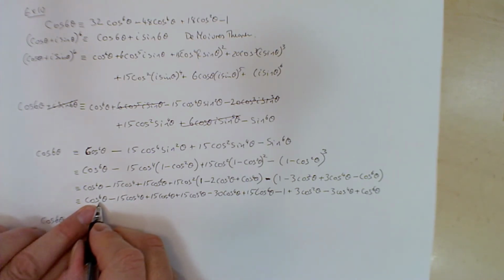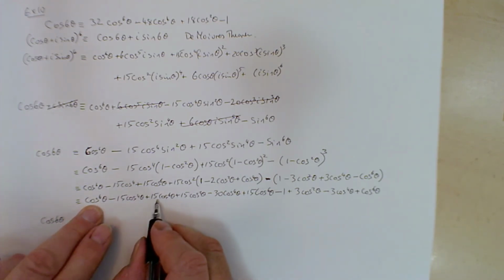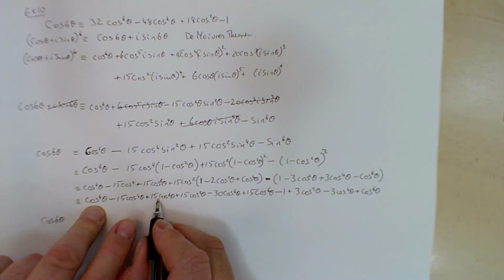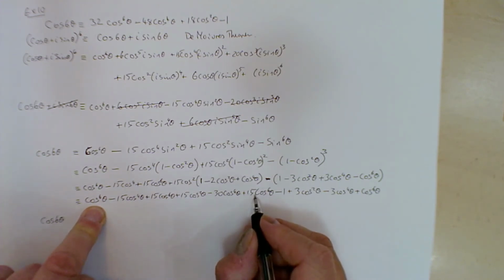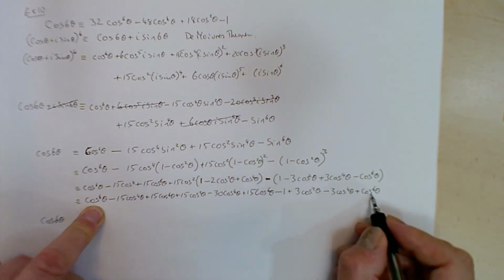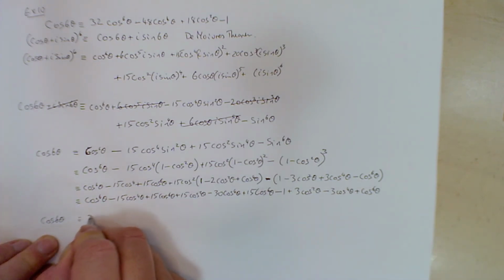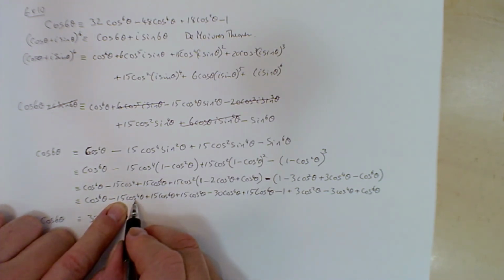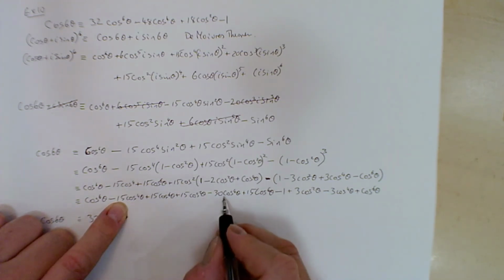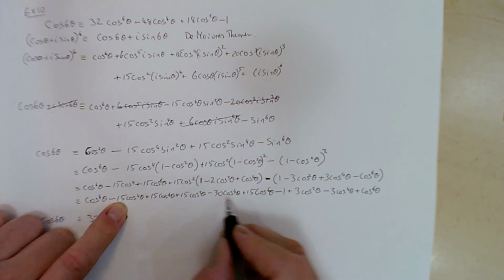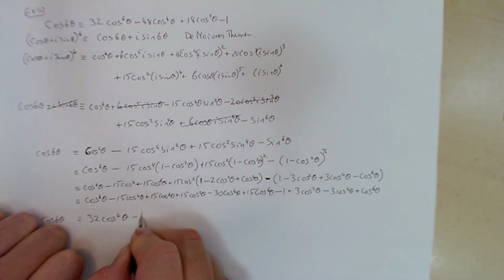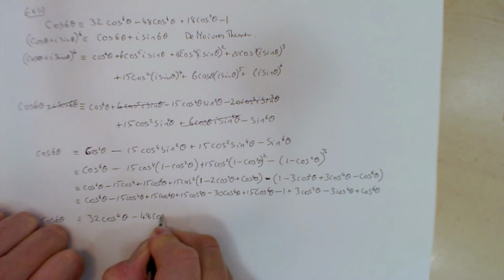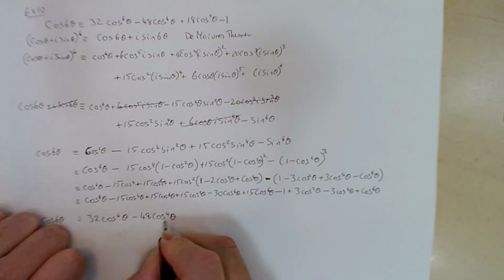Well, cos to the power of 6 plus 15 cos to the power of 6 is 16, plus 15 is 31, plus another one is equal to 32 cos to the power of 6 theta. Minus 15 cos to the power of 4, minus 30, that's minus 45, minus 48 cos to the power of 4 theta.